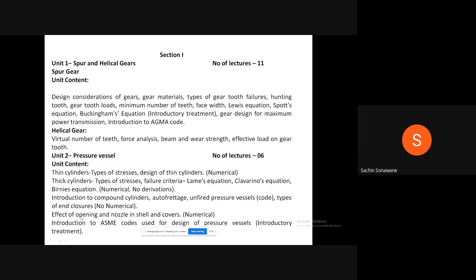Then effect of opening and nozzle in shell and covers, numerical treatment will be there. Then introduction to ASME codes used for design of pressure vessels, introductory treatment.